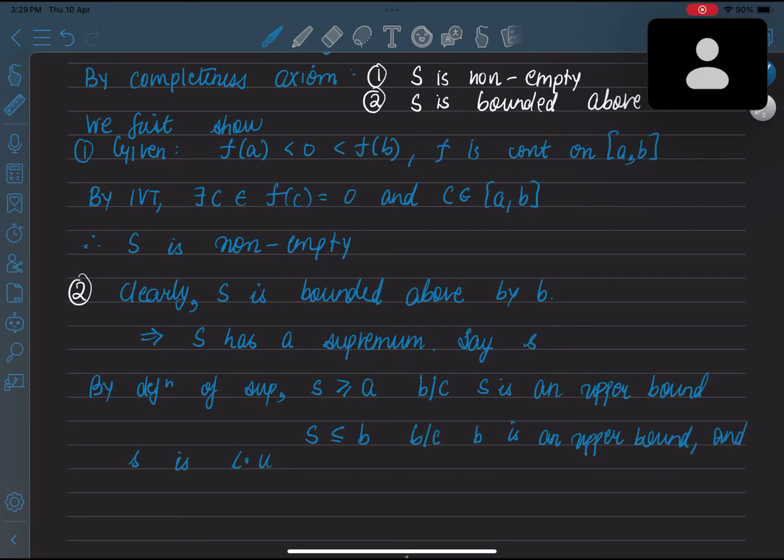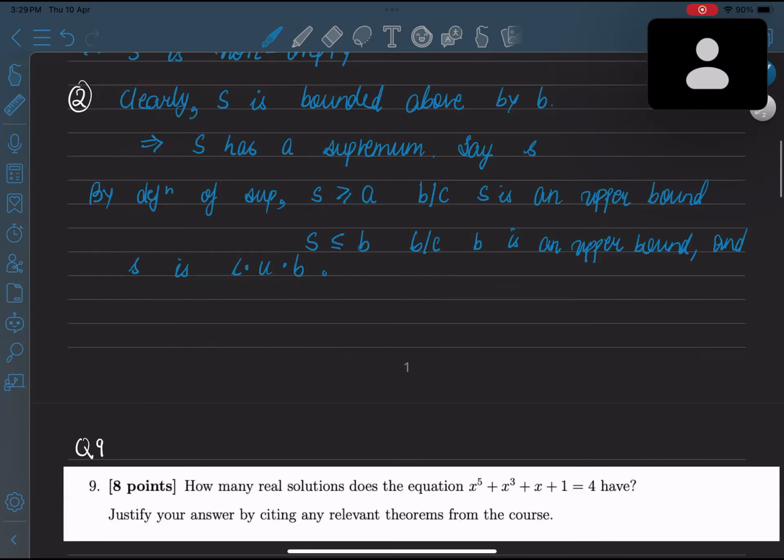I'll use LUB to call it least upper bound. And so this implies by inequality properties that S belongs to A and B.